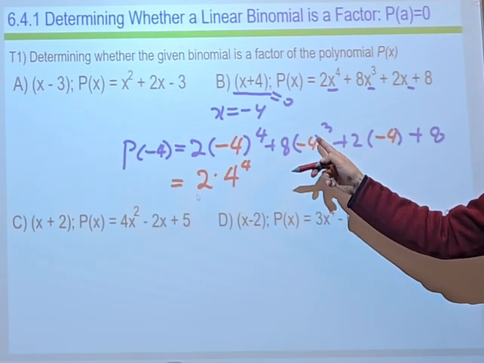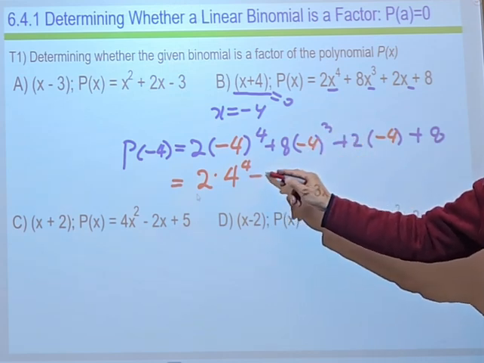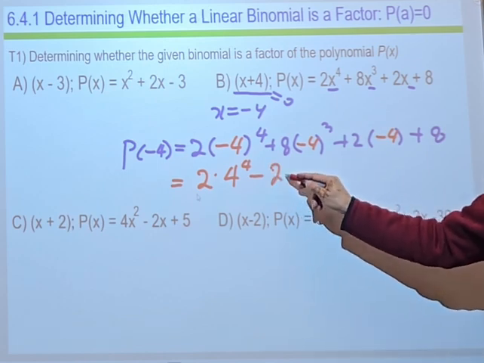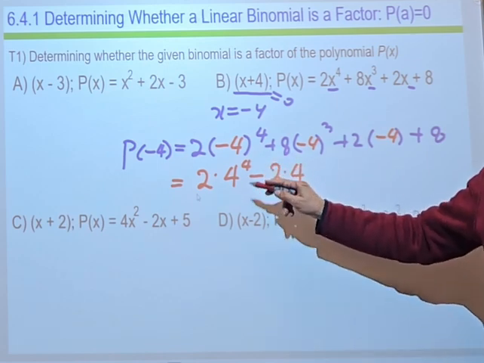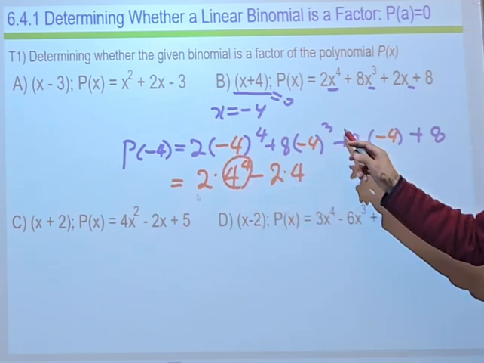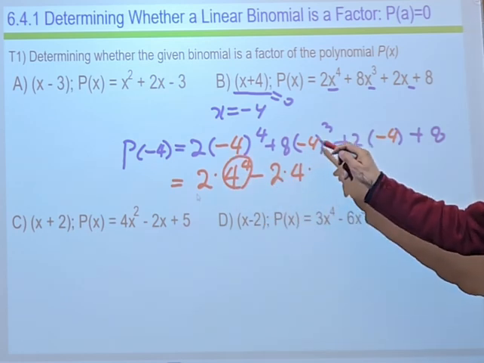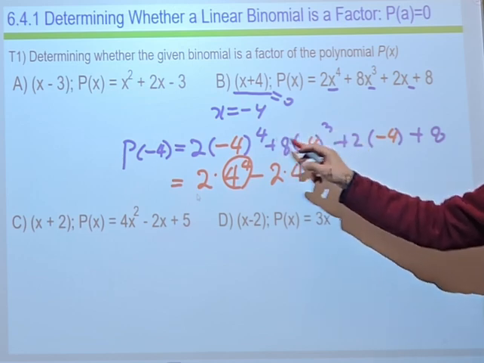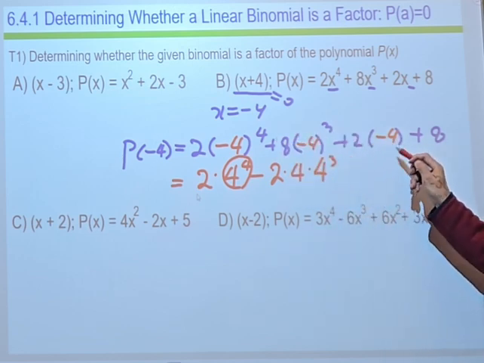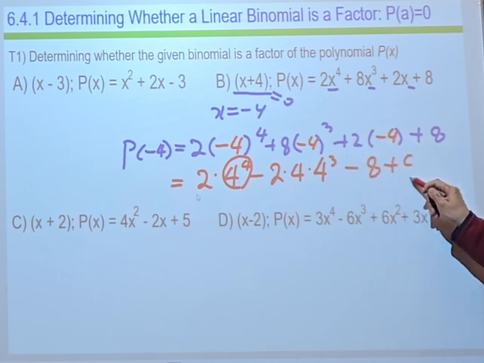Let's simplify negative to the third power: an odd power becomes negative. And this 8, I want to change to 2 times 4. The reason, instead of just calculating, is that they share a common factor, so I'm going to use that. Here 4 to the third power is left, and plus 2 times negative 4 is negative 8, plus 8.